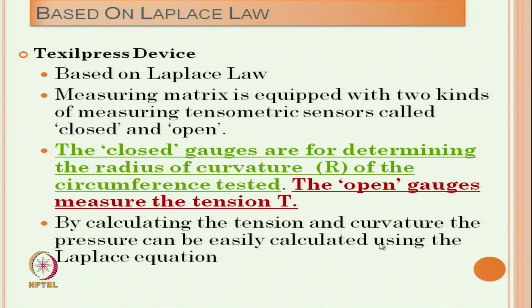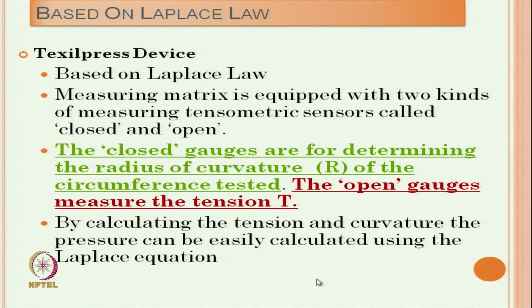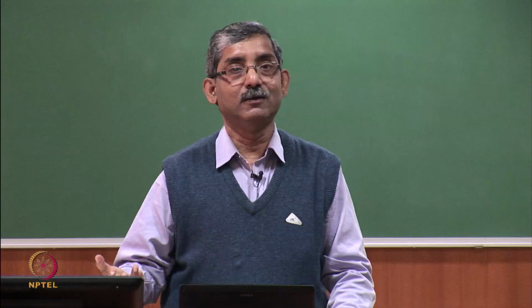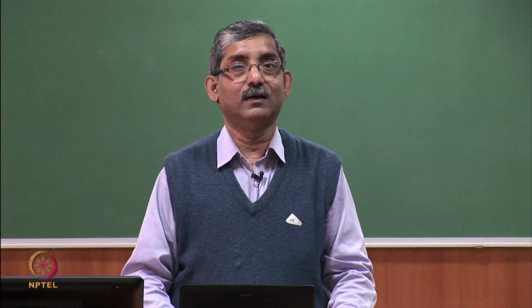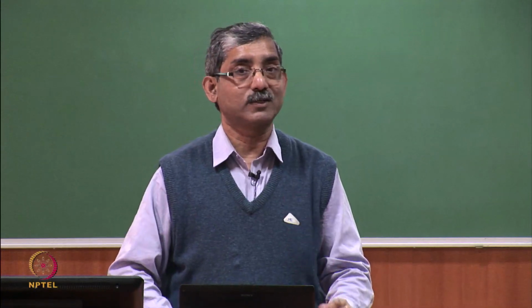By calculating the tension and curvature, the pressure can easily be calculated using Laplace law, but due to all the problems discussed, the actual result obtained by the gauges is different from the pressure obtained through the Laplace equation.